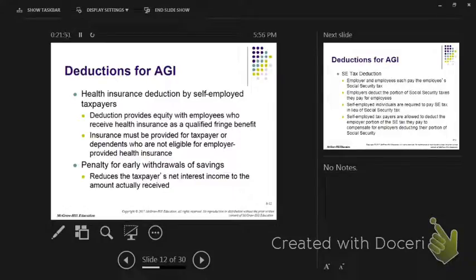Now, self-employment tax actually has a short form and a long form. The short form is on the front page, the long form is on the back page. For the most part, you should be able to use the short form. You should not have to use the long form. I'm not telling you that's a given, but for the most part, you should be able to.